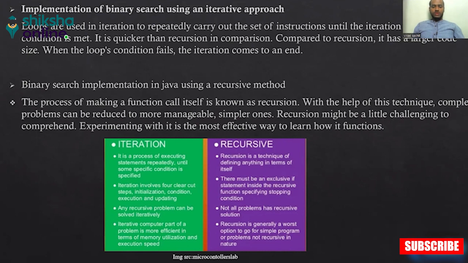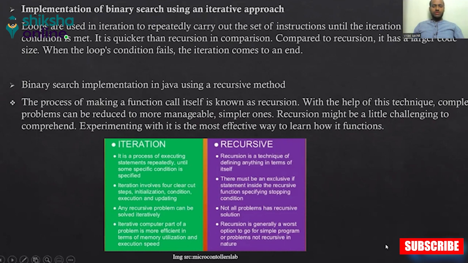Generally, as I told earlier, iteration is more efficient, and recursion is generally a worse option for a simple problem not recursive in nature. Only in very specific cases do we have to use recursion. For simple, time saving and energy efficient solutions, we can always go for the iterative method. So these are the two types used in Java.